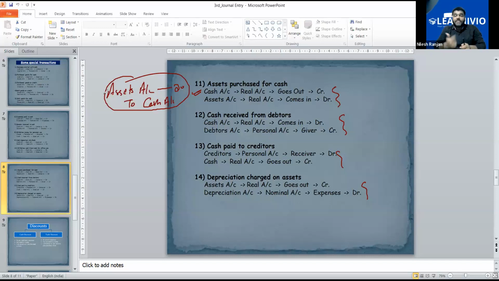Depreciation charged on asset. Now, what is depreciation? Depreciation, when you purchase any asset from the market, at the time of purchase, value of asset is different, and after some time, it is different. Yes or no? Yes, sir. Like if you purchase a bike or mobile phone, let's say mobile phone, because everyone has a mobile phone.